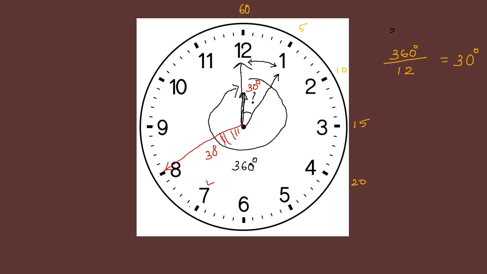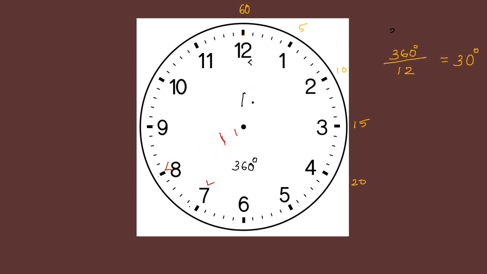Now if I take an angle, you can find it out very easily. Suppose I am taking 3 and 12. Let us find out the angle formed. What is the angle in between?